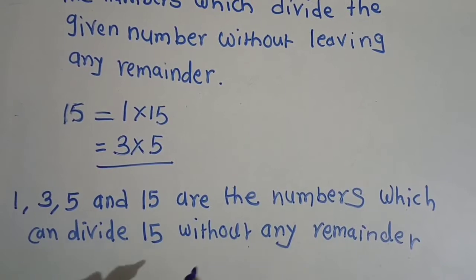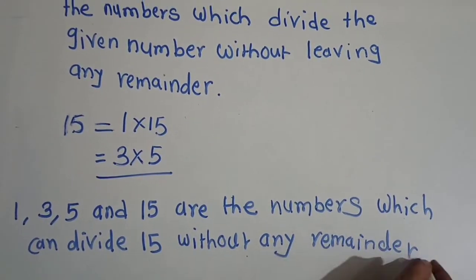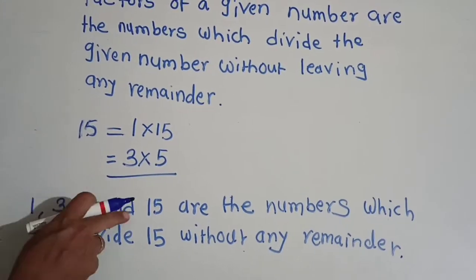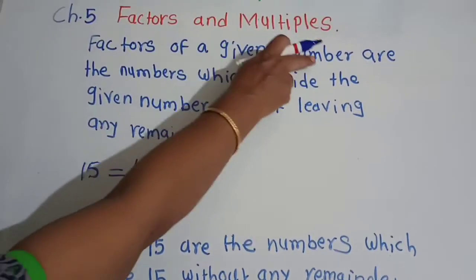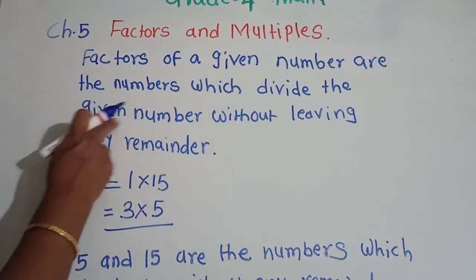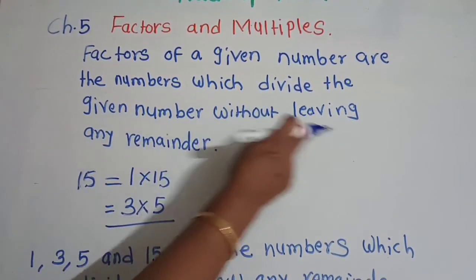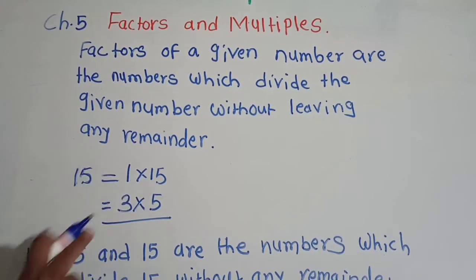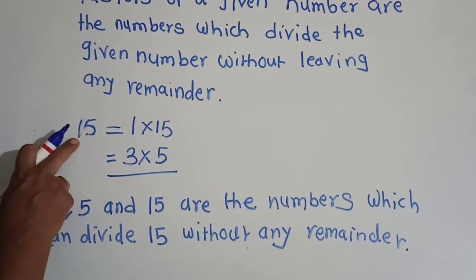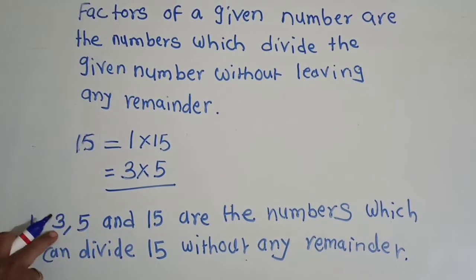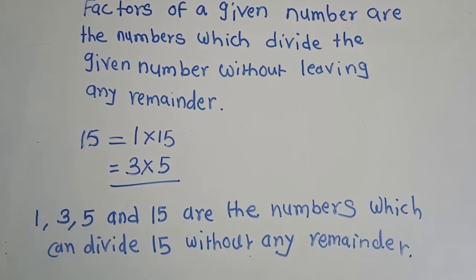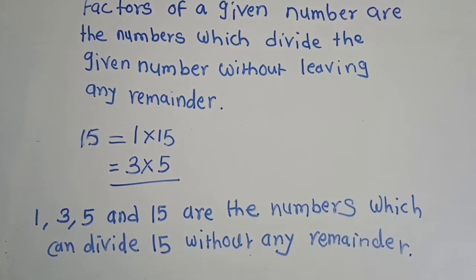Okay, so these factors 1, 3, 5 and 15 of a given number are the numbers which divide the given number without leaving any remainder. So 1, 3, 5 and 15 are the factors of 15. Okay, children.